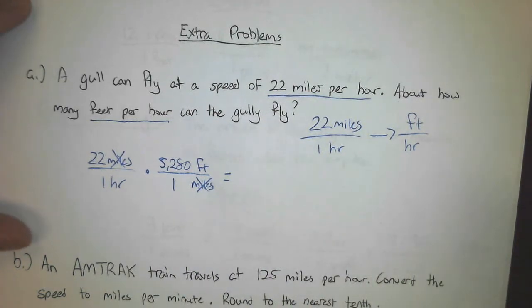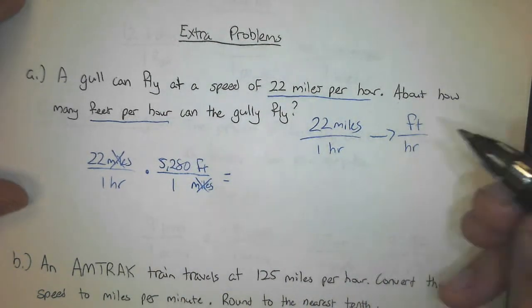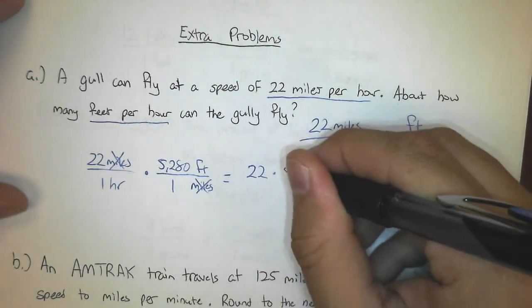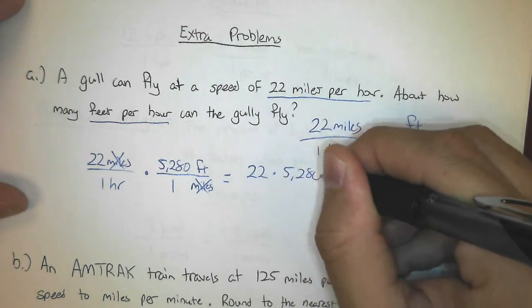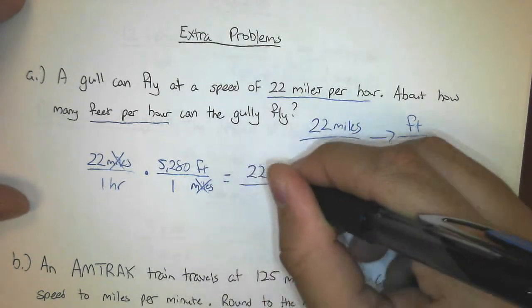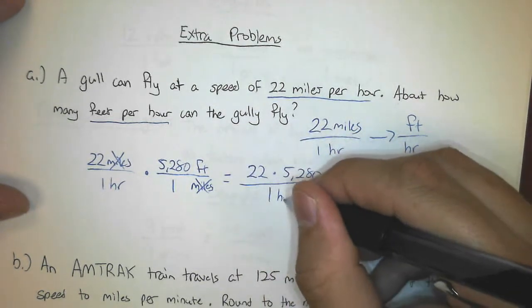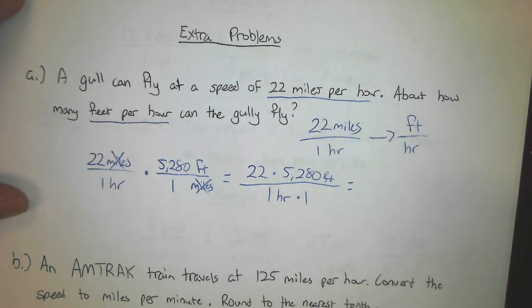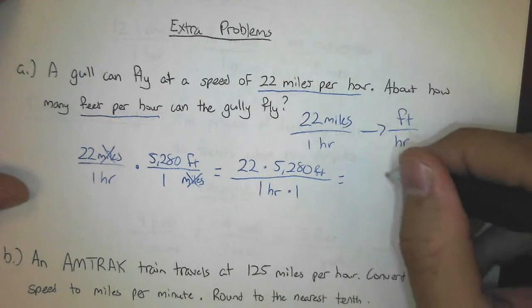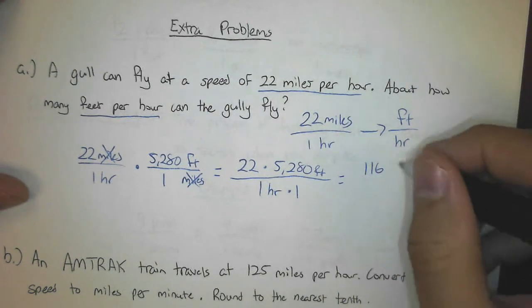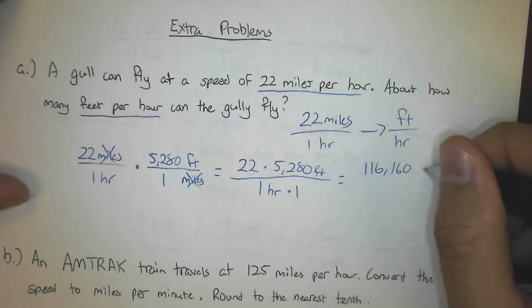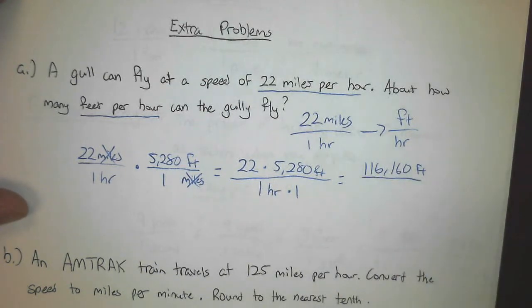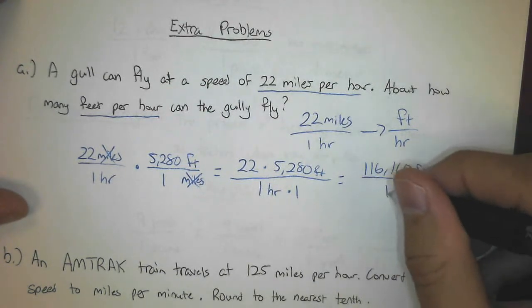Those are my only 2 units left, and that's exactly where I need to be. So I'm going to set it up: 22 times 5,280 feet divided by 1 hour times 1. When you get that, you should get 116,160 feet, and that's all over 1 hour.